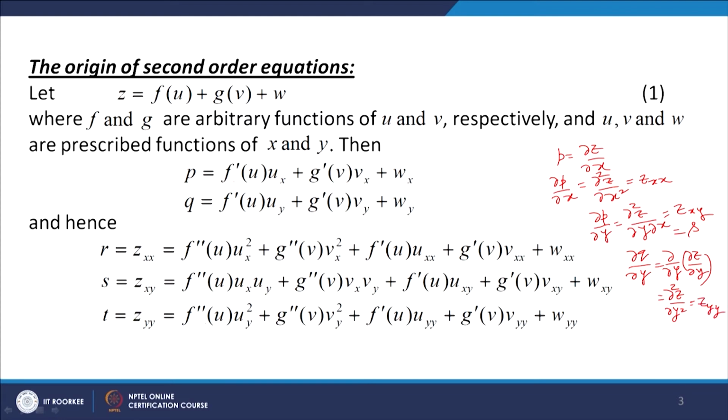So we get t equal to f double dash u into uy square, g double dash v into vy square, and then f dash u into uyy, g dash v into vyy and wyy. So this is how we get the values of r, s and t. Here we are assuming that zxy is equal to zyx, that is the order of differentiation can be interchanged.